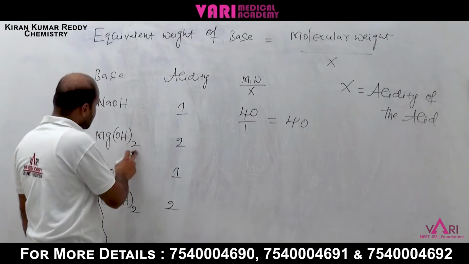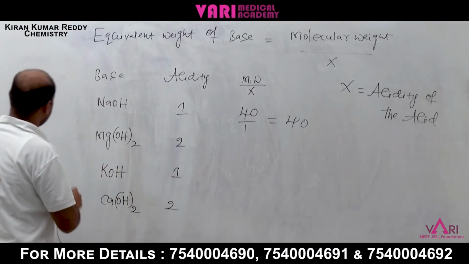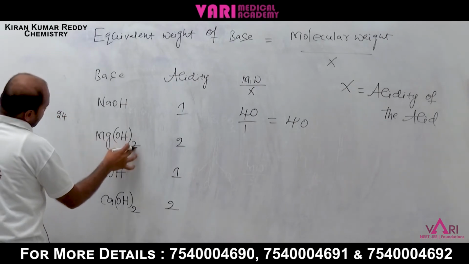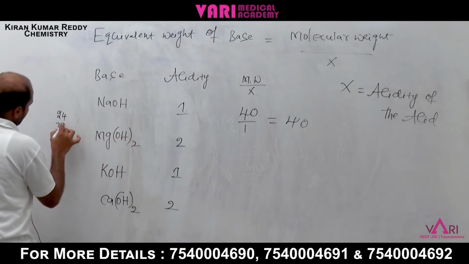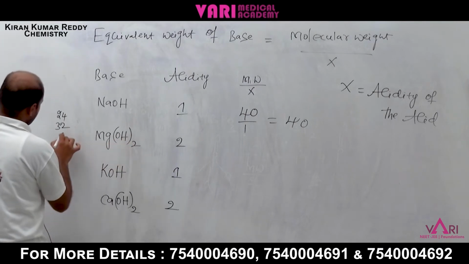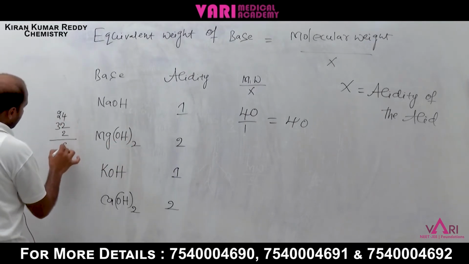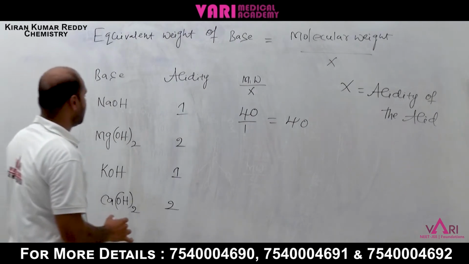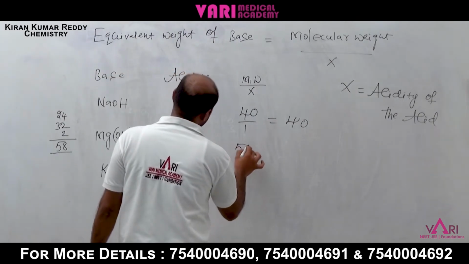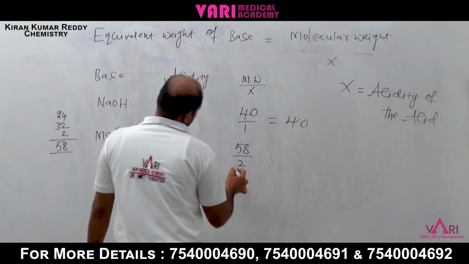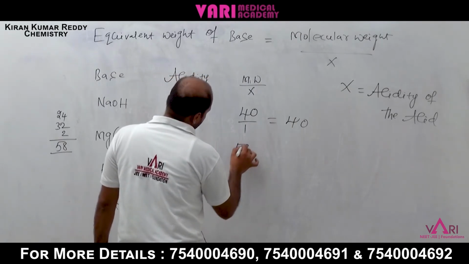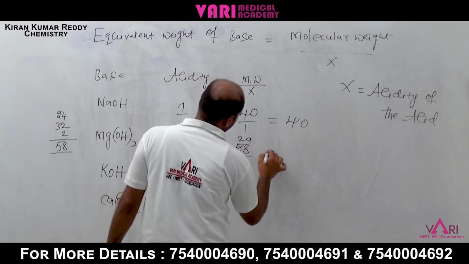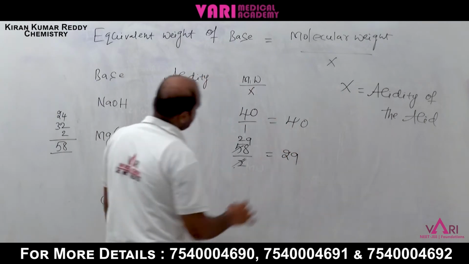Next, magnesium hydroxide: magnesium is 24, oxygen 2 times 16 is 32, hydrogen 2, that is 58, so 58 by 2, which is 29.